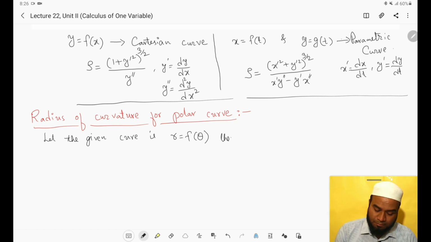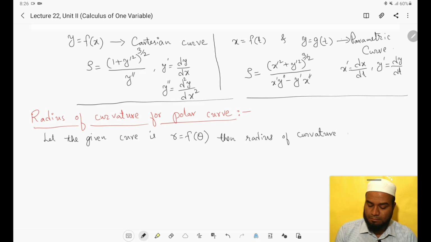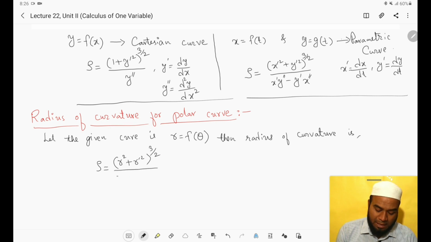Then the radius of curvature is given by, how is it defined? Rho equals, the formula for finding radius of curvature is rho equals (r square plus r dash square) whole power 3 by 2 by (r square plus 2r dash square minus r r double dash), right?